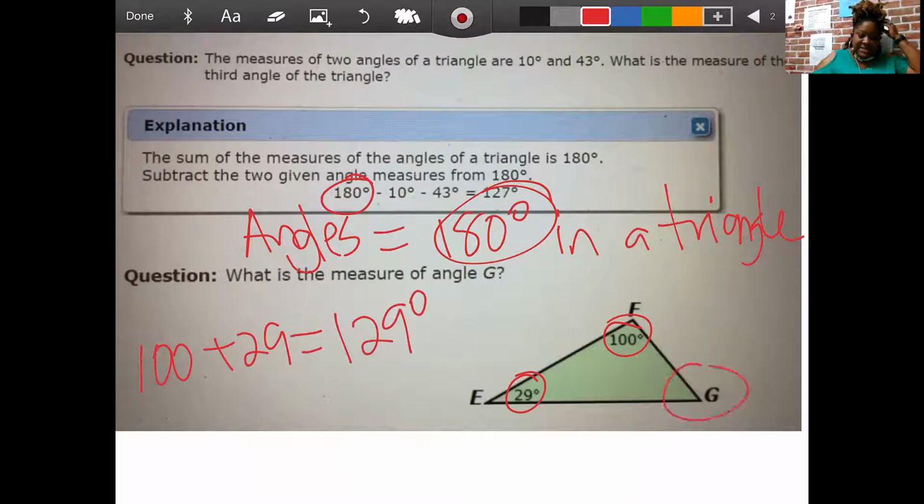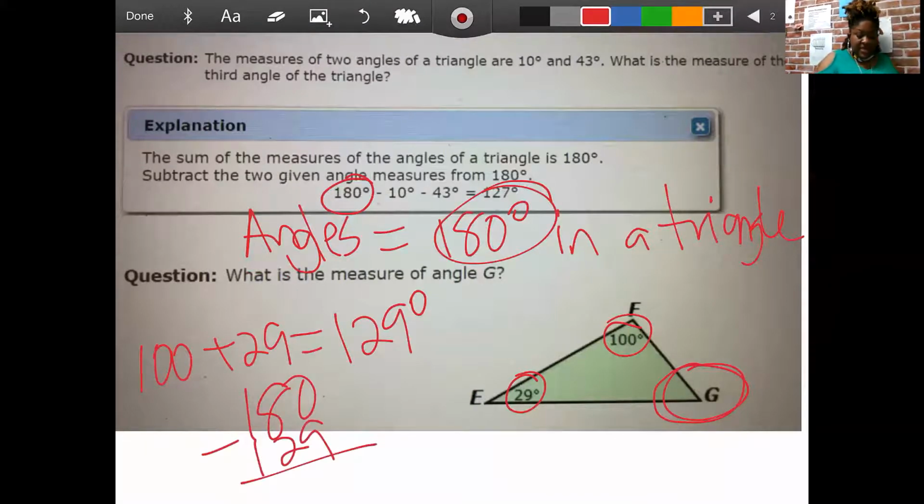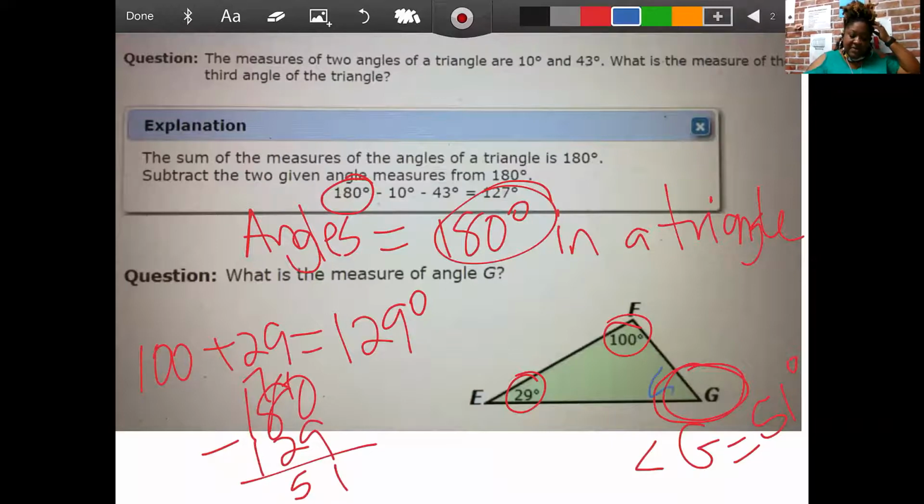And to find the missing angle, that's angle G, you subtract 129 from 180 and you get 51. I believe that's correct. Let me know if I'm incorrect, but I believe it's 51. So angle G equals 51 degrees. The key point here is that 180 degrees is the total of the angles in a triangle.